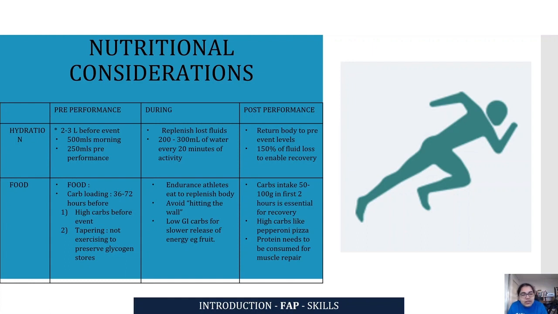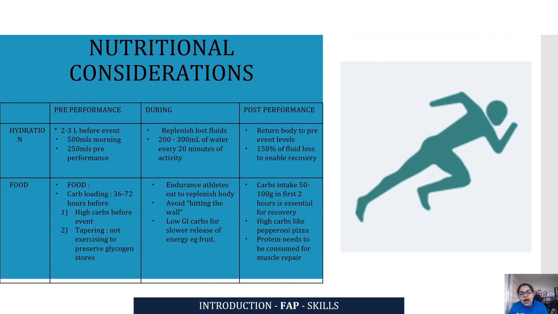So they eat to replenish the body, and they also want to avoid hitting the wall. So we don't want that transition from using carbs to using fats. Instead, we want to replenish our bodies.